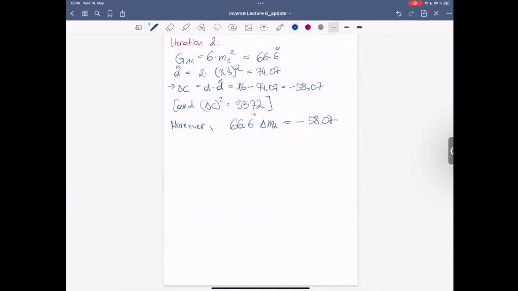So this is G times delta M2 equals delta C. And we get our update for M2 as M1 plus delta M2, which equals 2.462. You can already see this is pretty cumbersome, even if we already know the solution. But let's continue with the next iteration to obtain our final model parameter M.